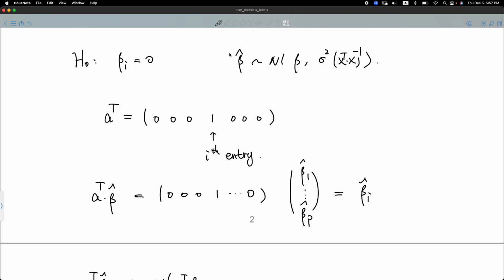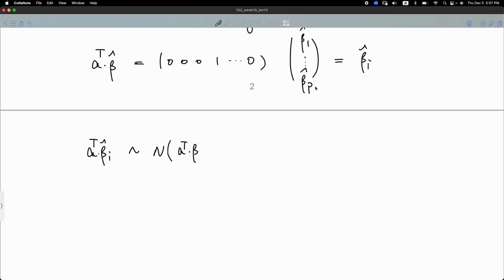So when you multiply A transpose to a normal random variable, you also perform the same matrix-vector multiplication to its mean and the covariance. The mean for A transpose beta hat is going to be A transpose beta, the true value.